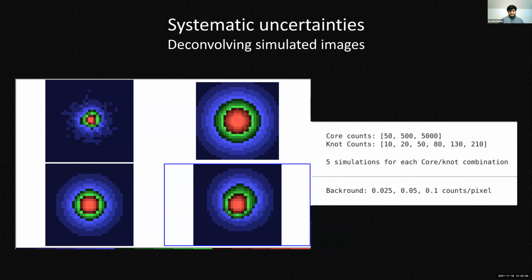I'm using different sets of PSFs to simulate observations: one from SAO trace, Gaussian PSFs with different widths, and introducing some asymmetry on a Gaussian PSF. I'm introducing different core counts and different knot counts, and for each combination of core and knot count, I'm simulating 5 observations, and I'm also introducing different backgrounds for different sets of simulations.